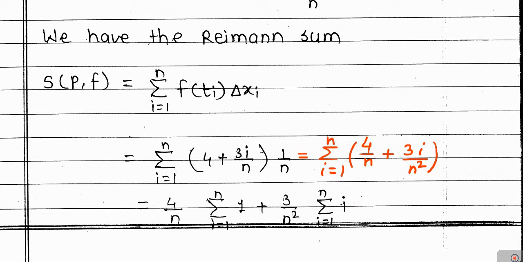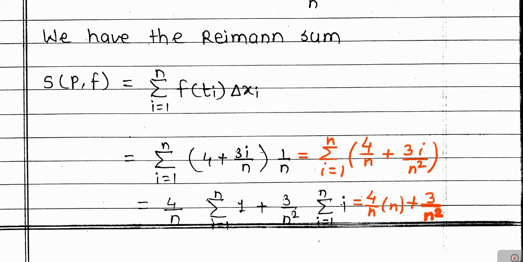So this will be equal to 4 by n as it is, and the summation over i equal to 1 to n of 1 is simply 1 plus 1 plus 1, n times, which is obviously equal to n. The next term is plus 3 by n squared into the summation over i equal to 1 to n of i, meaning 1 plus 2 plus 3 plus 4 up to n.